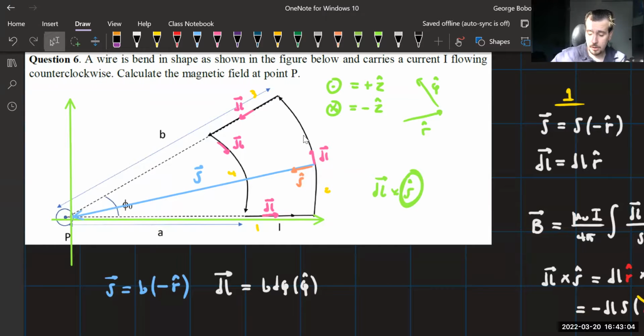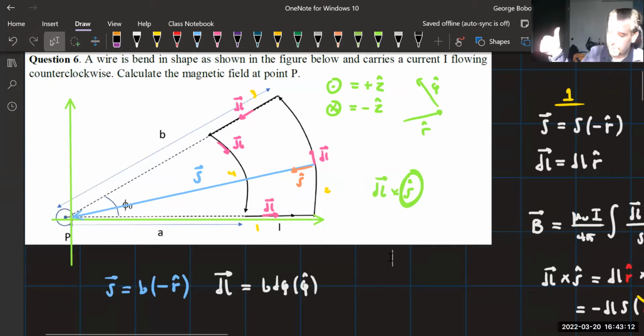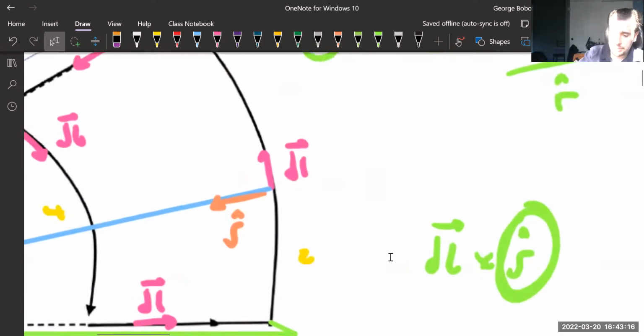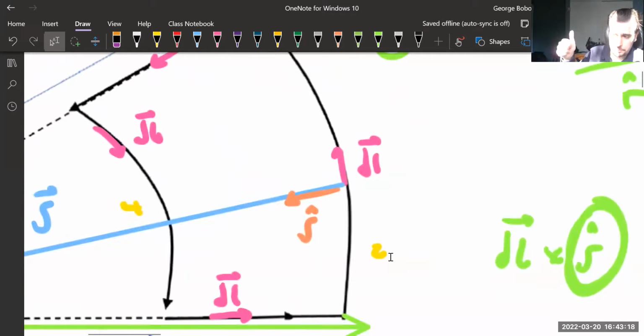Take your fingers. I want Leah to try this out. Thumb along dL. I can zoom in on the diagram so you can put your fingers on the screen. Thumb along dL, index along R. Where does the middle finger point right now?